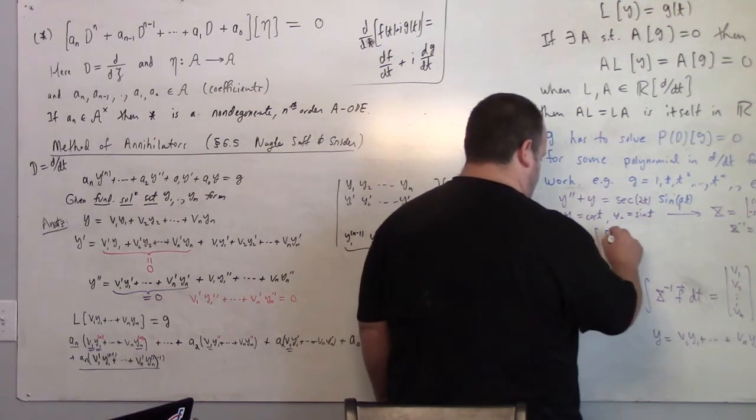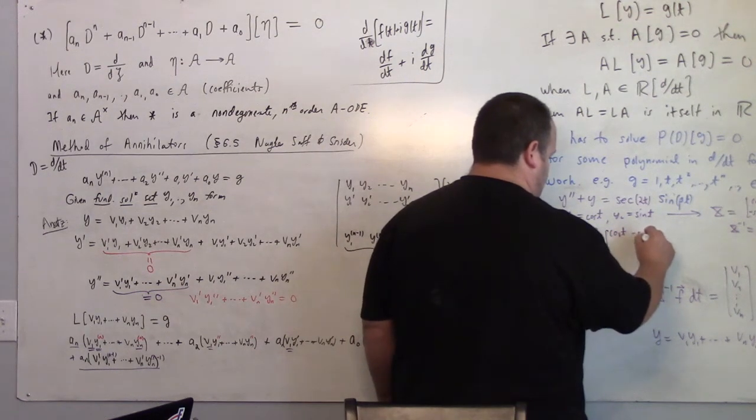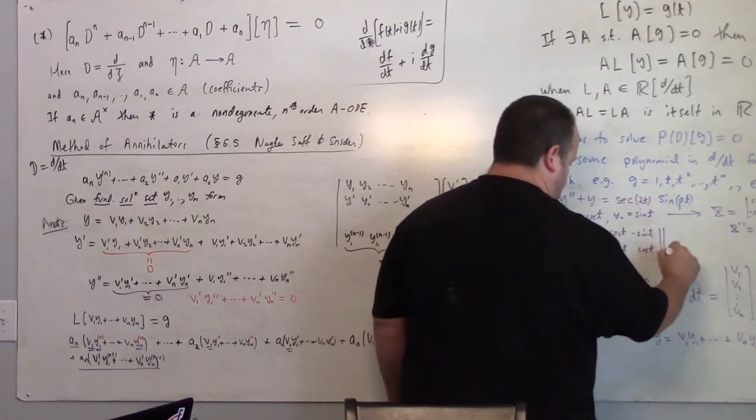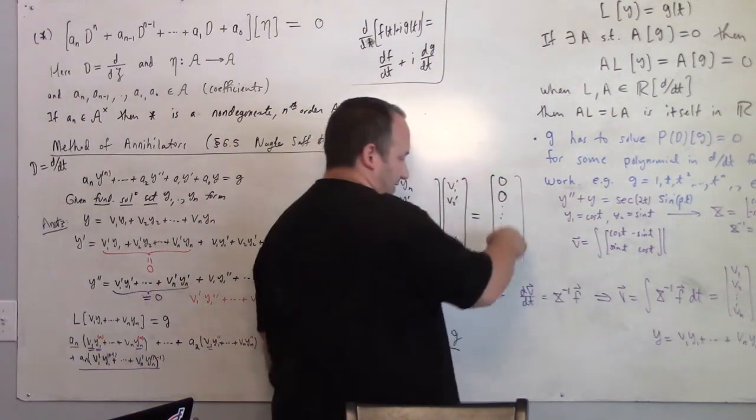So you get the matrix with cosine t, sine t in the first row and minus sine t, cosine t in the second, times f. Remember f is this vector.